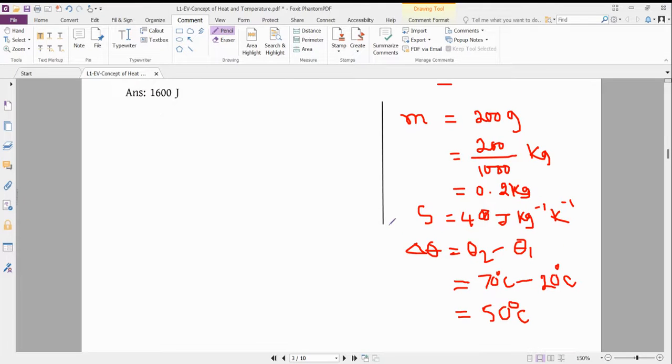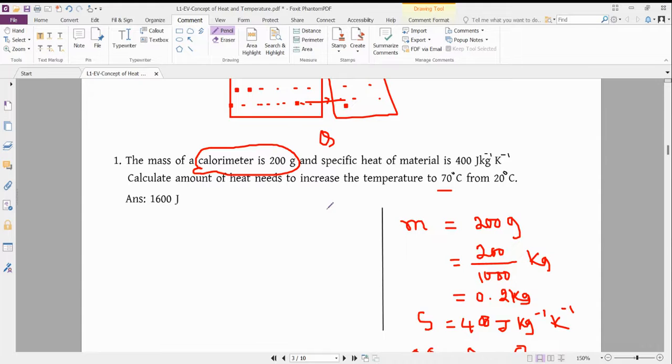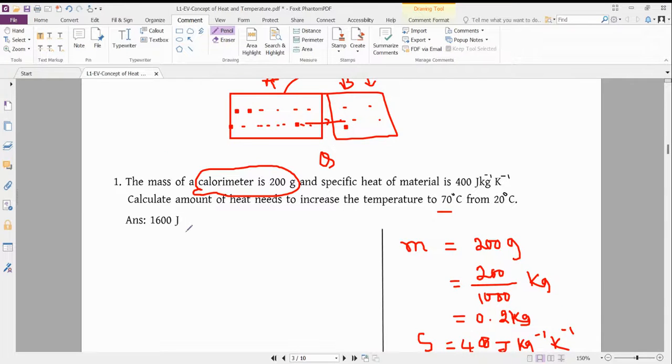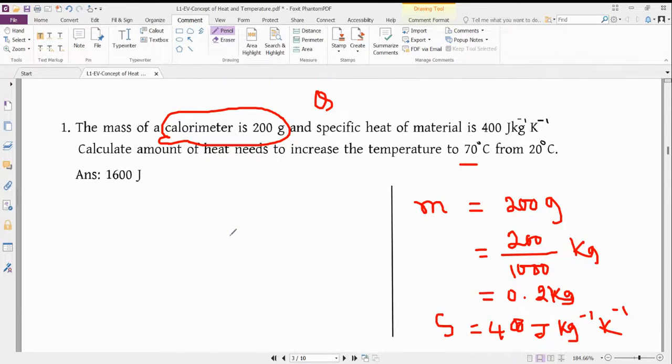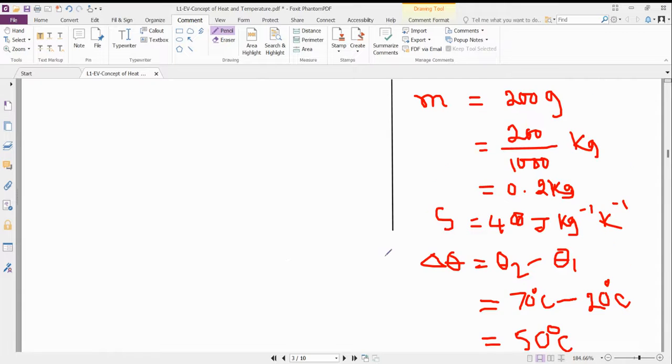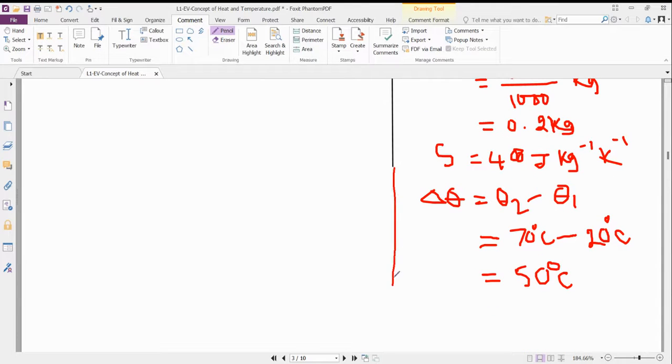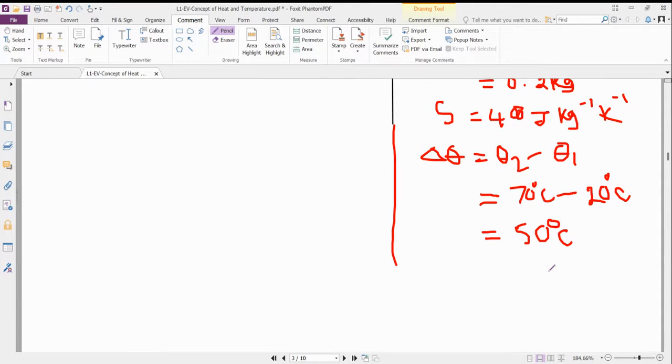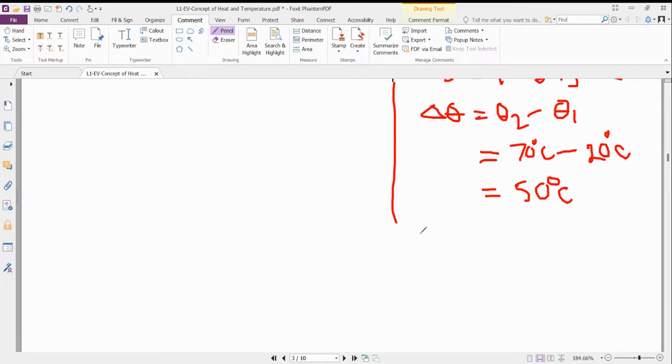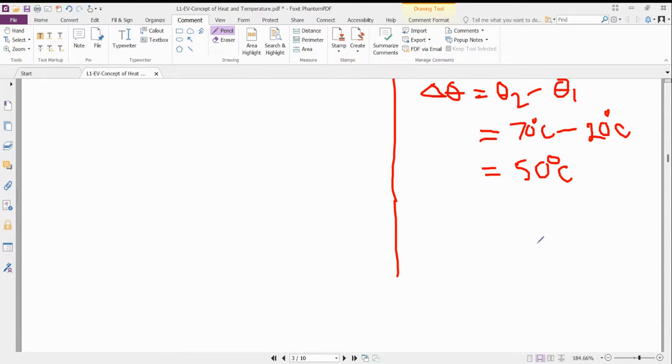But it is to be noted that during this type of mathematical problem solving, we have to use the unit of temperature as Kelvin, not degree Celsius. Normally, we know that by adding 273 to temperature in Celsius, we can calculate the Kelvin.